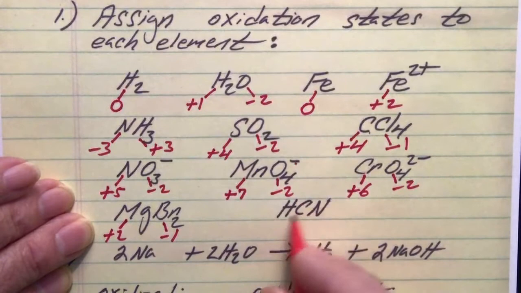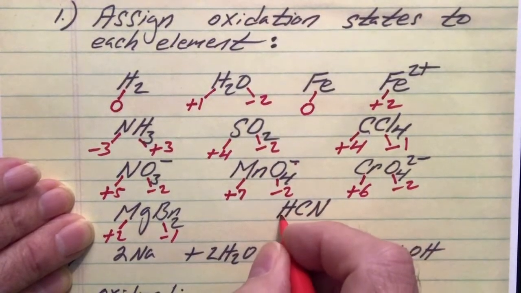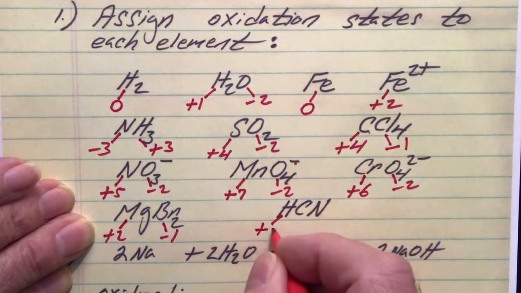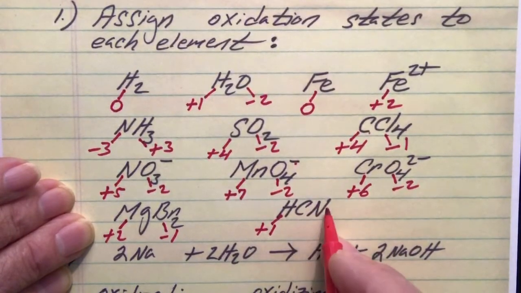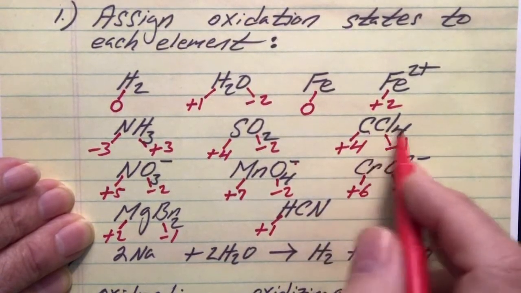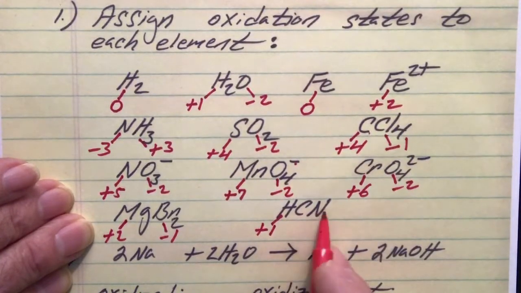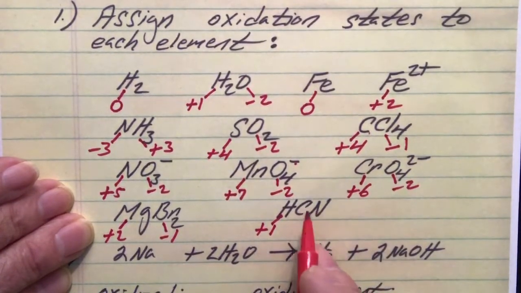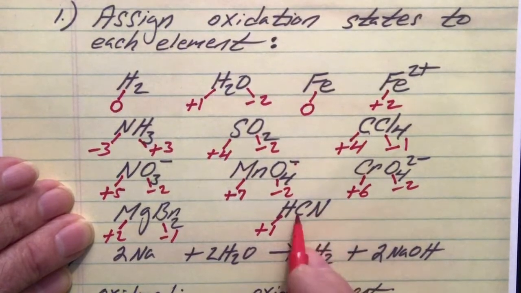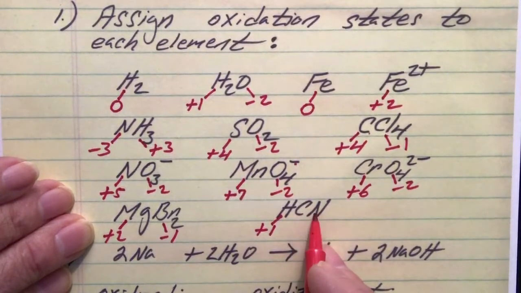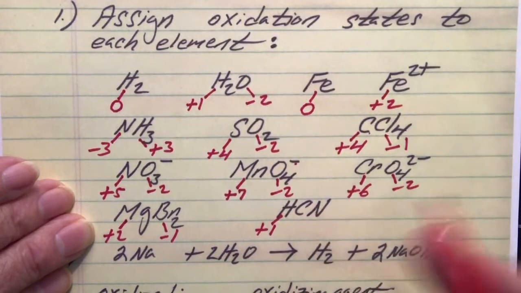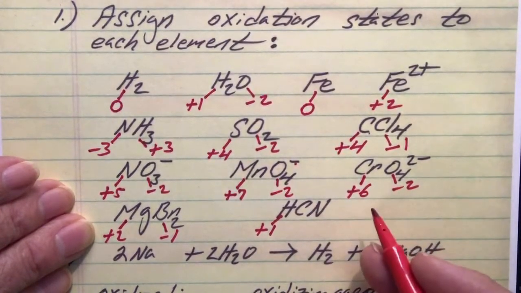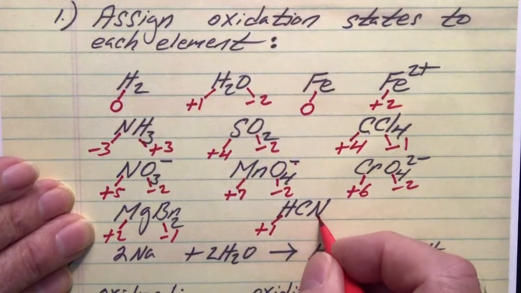Okay, now for hydrocyanic acid, hydrogen is a positive 1, but we don't have a rule for carbon or nitrogen. So this is like the carbon tetrachloride. We're going to look at the 2 nonmetals and determine which of them is the more electronegative. Nitrogen is more electronegative than carbon. So you ask yourself, when nitrogen becomes an ion, what charge does it have? It has a -3 charge.